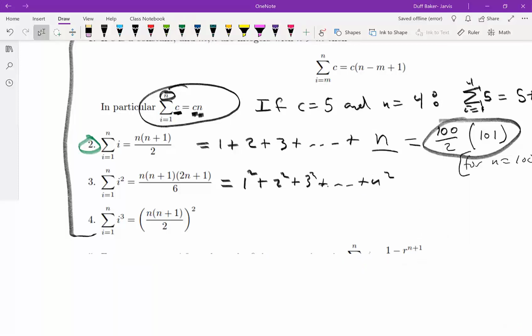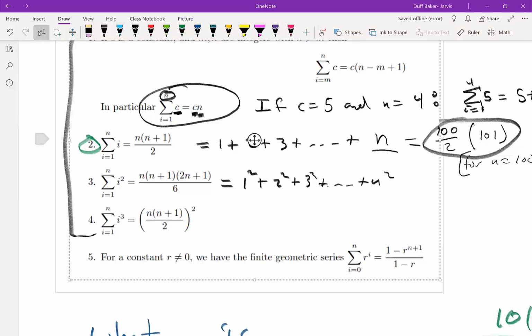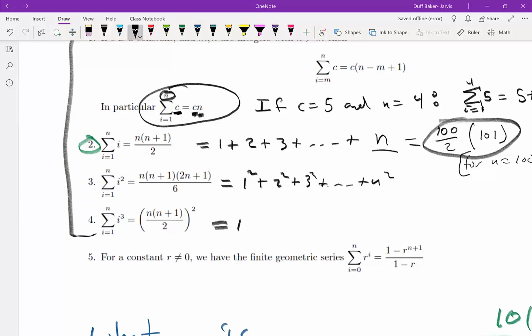And the last one is, if I added up all the cubes. So these are just a few of them that turn out to be fairly simple. If you're just adding up a bunch of random things, it can be very hard to find a formula for it. Okay. All right. So those are summation formulas.